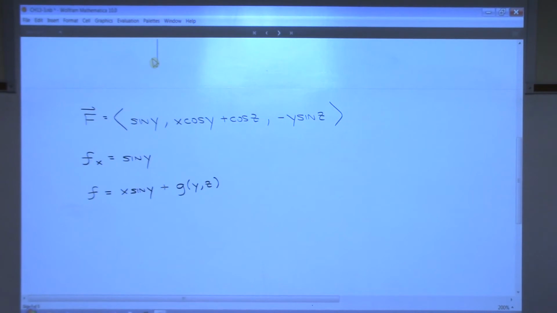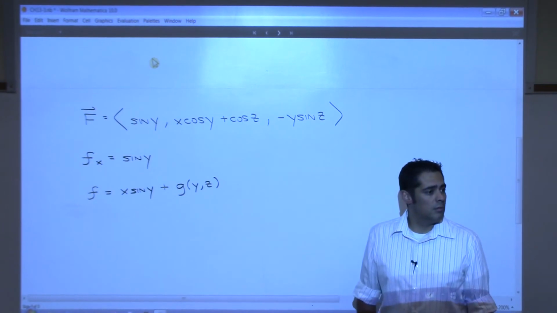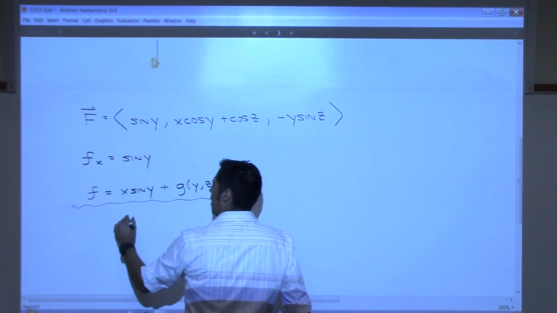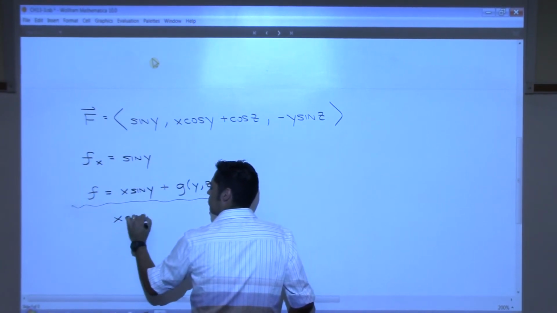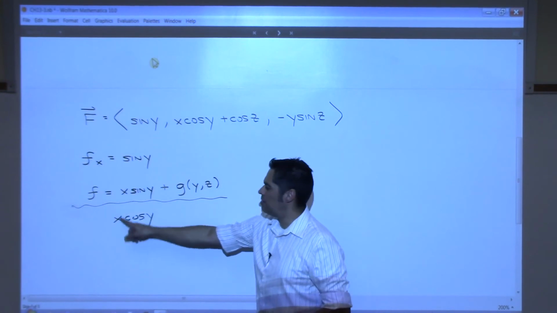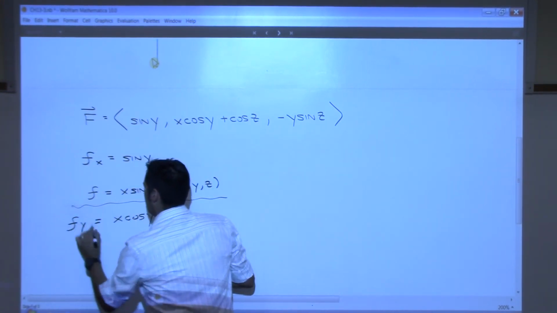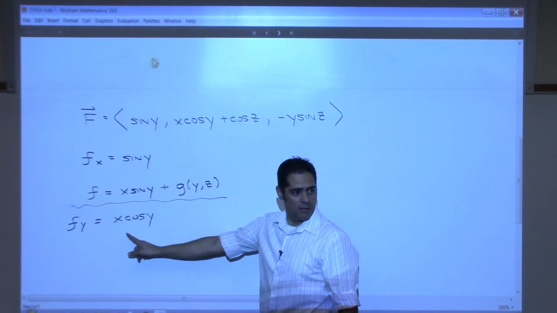Now what? Okay, so now I'm going to take the derivative of this with respect to y. The derivative of this with respect to y would be x cosine y, because x is a constant. I just take the derivative of sine of y, which is cosine y, and the x comes along.